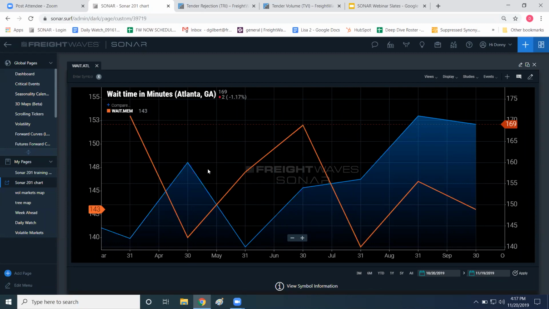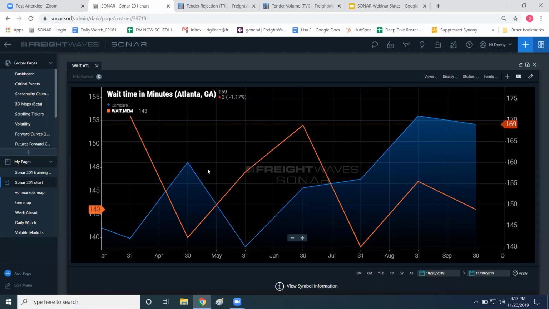So this will help you understand, if you're booking loads in a particular market, you obviously always need to track your freight, but you might want to add a little bit of revenue to your load if you see very outrageous average wait times, or you can see if they're very low.